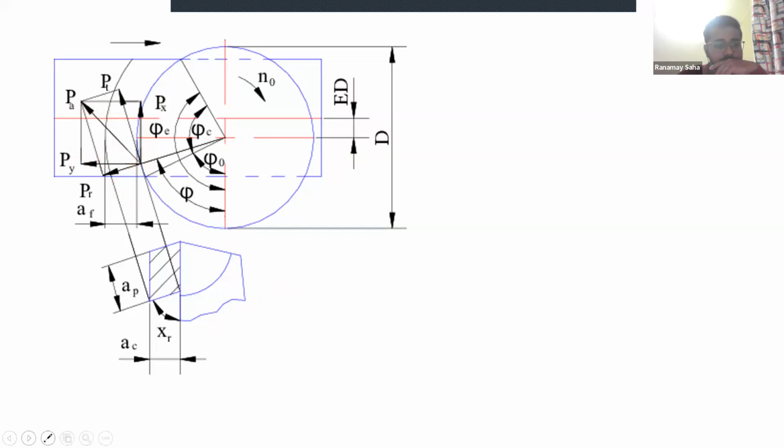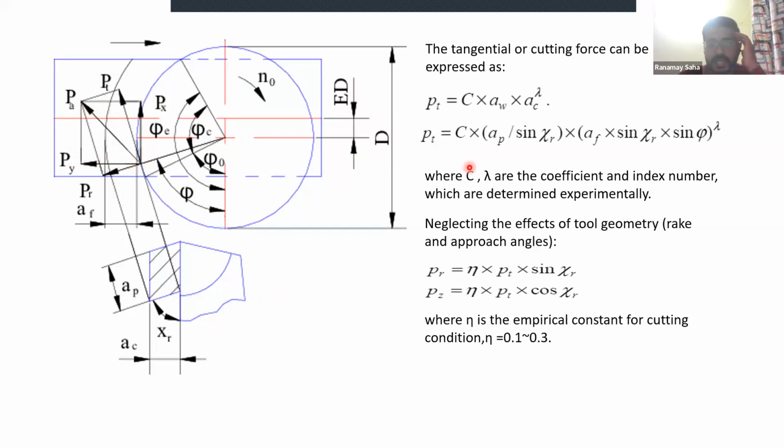So you can see that here the tangential force PT is given by a constant C, multiplied by aw and multiplied by ac whole to the power lambda, where lambda is the index number. And what is ac and aw, you can note that from the diagram.